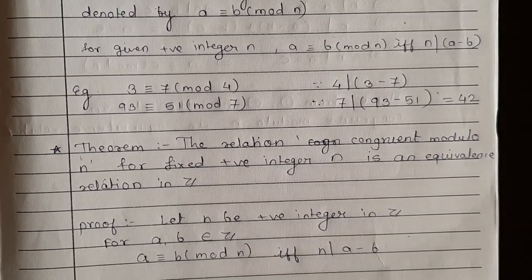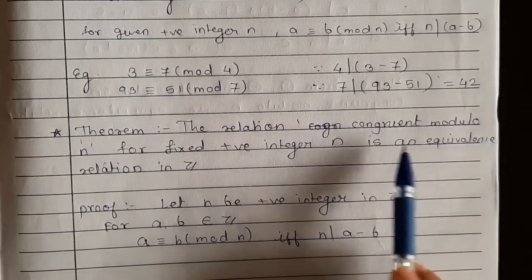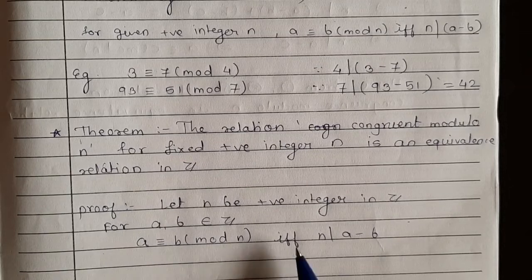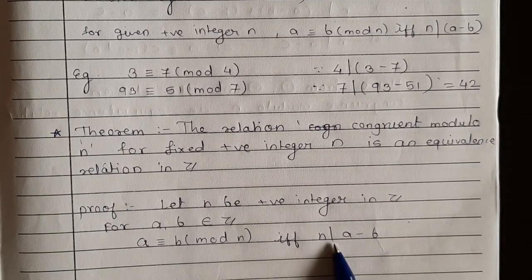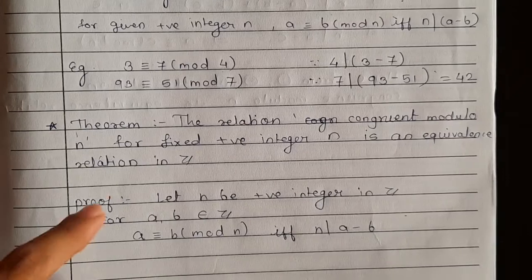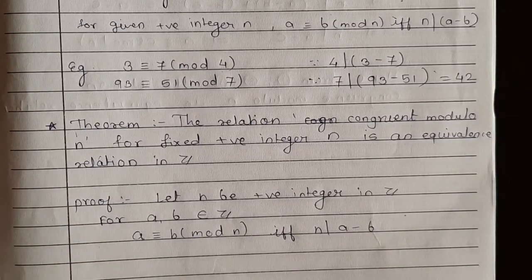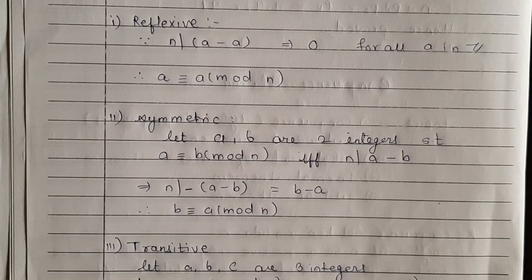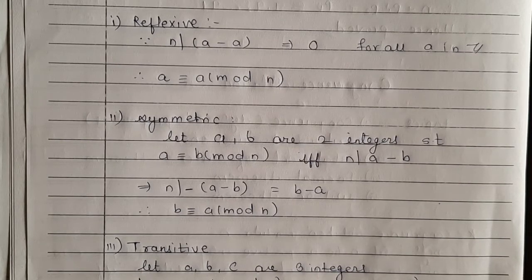Congruence modulo n means a is congruent to b mod n if and only if n divides a minus b. First we write what is given to us. Now what we have to show is that the relation is reflexive, symmetric and transitive.